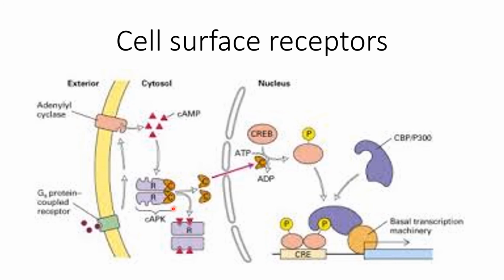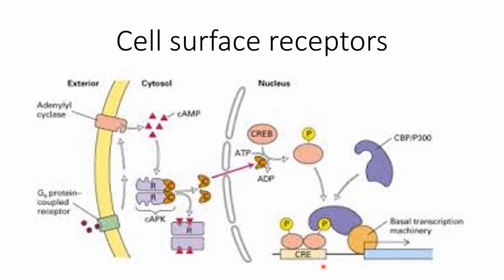and this cyclic AMP will phosphorylate or activate a protein known as the cyclic AMP response element binding protein. When this CREB protein is activated, it goes towards the nucleus, where it can bind with the response element, the CRE, the cyclic AMP response element.